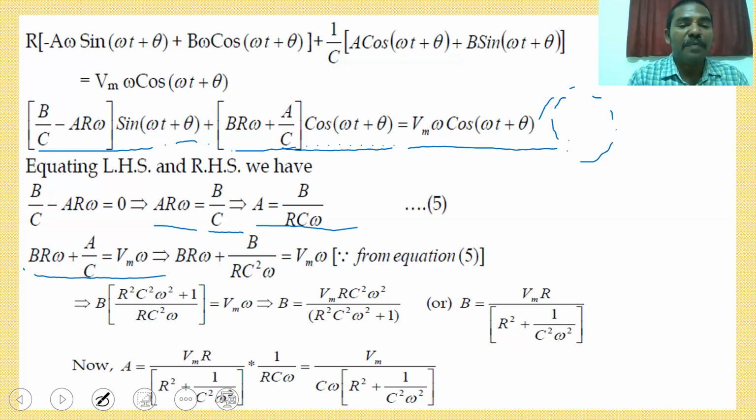So BR omega plus B by (R C squared omega) is equal to Vm omega, substituting the A value as B by RC omega, equation 5.